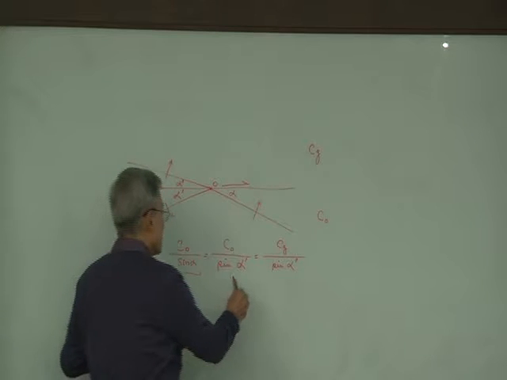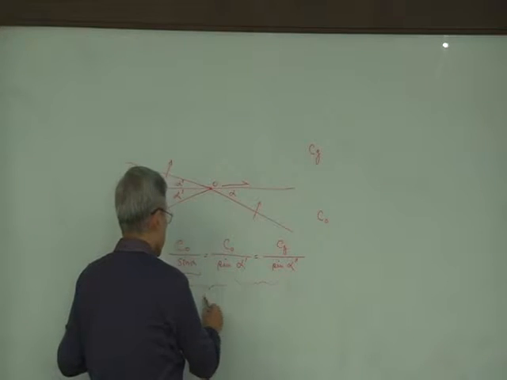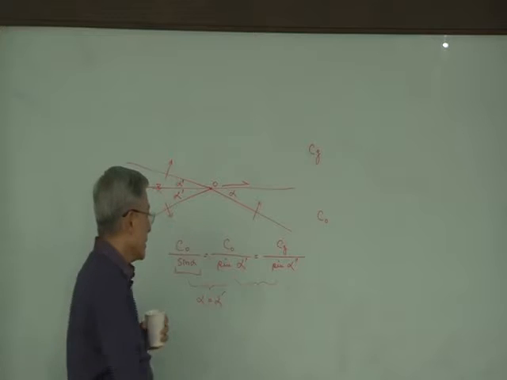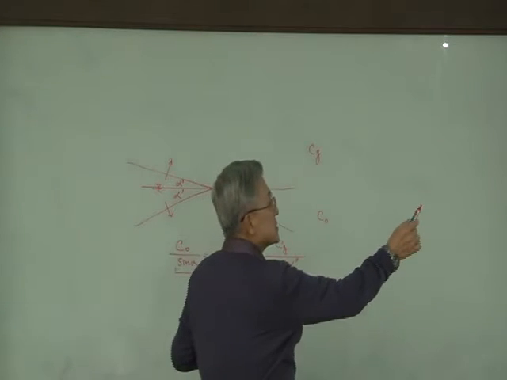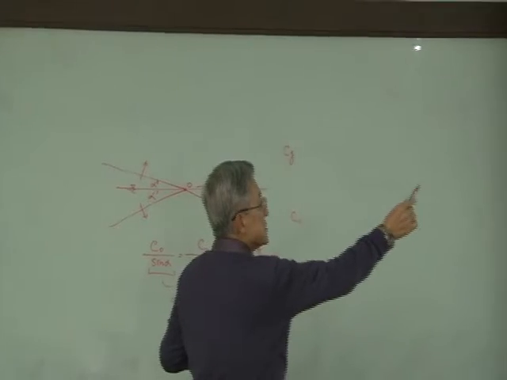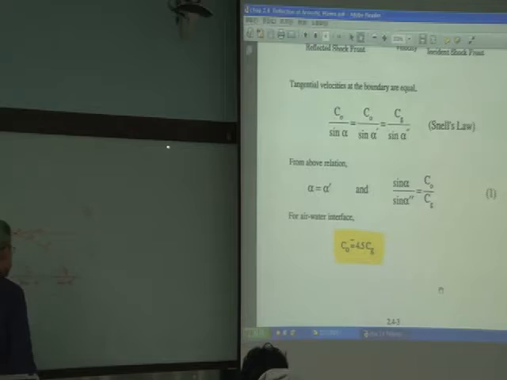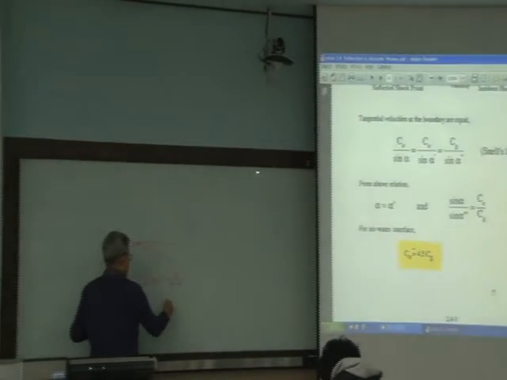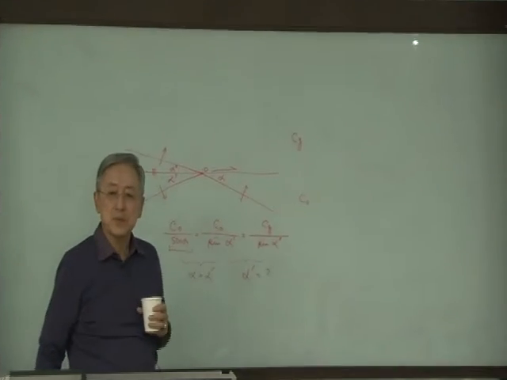And if you equate from here to here, you can say alpha is alpha prime. And from here, you can determine alpha prime.